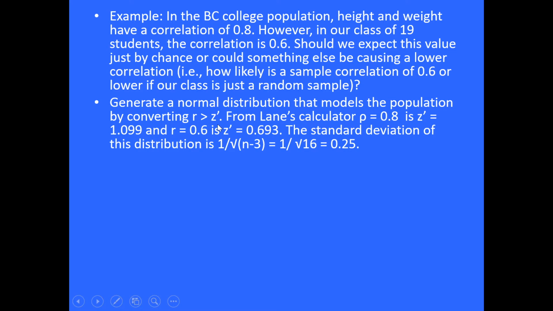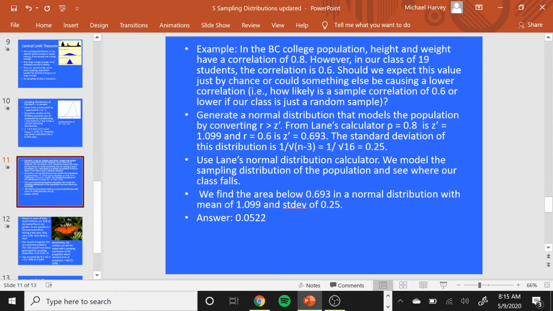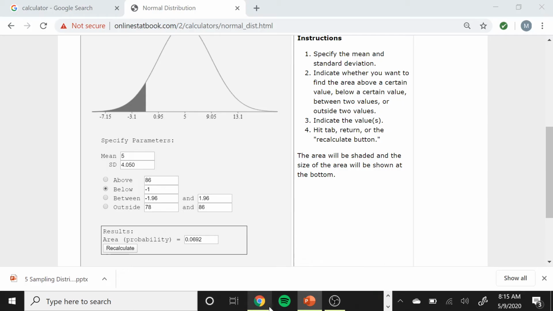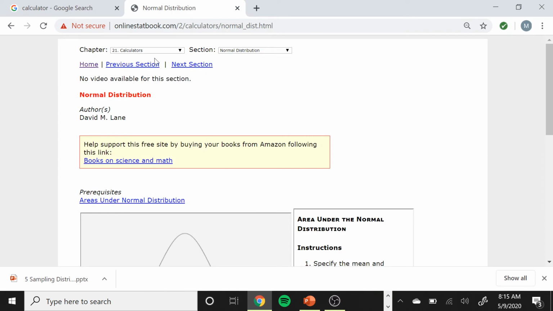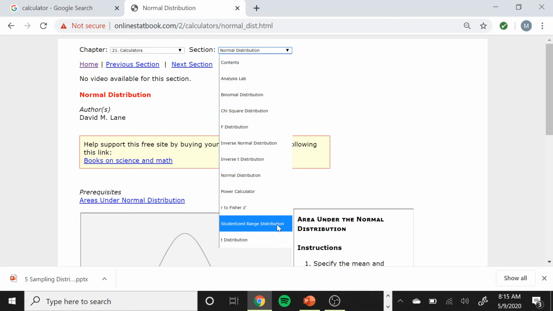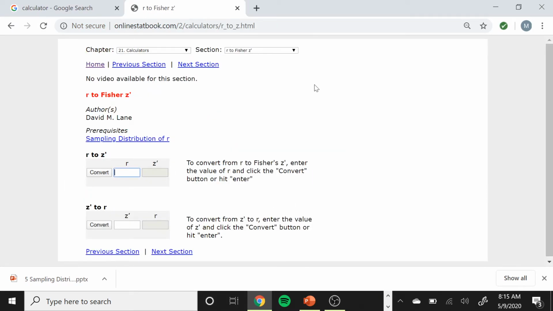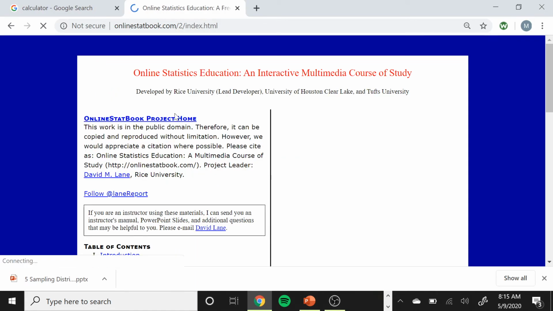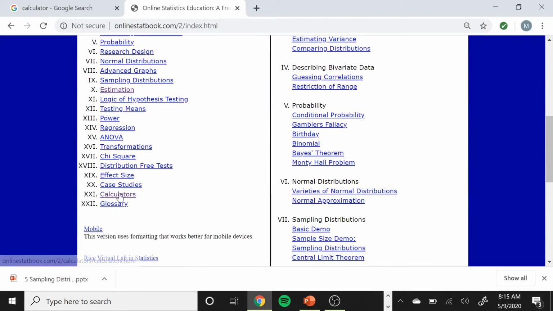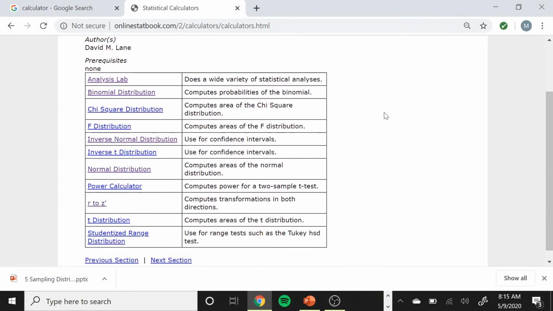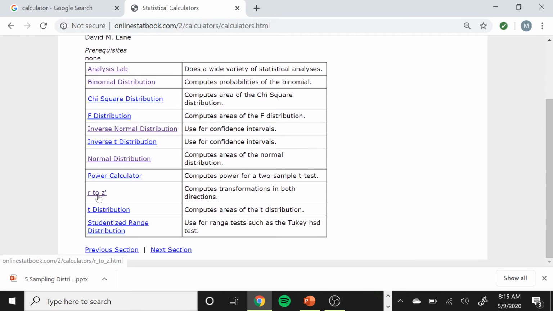Let me show you where that is. Here we have Lane's calculators. If you go down the list, there's this thing called r to Fisher's Z. Let me show it to you on the home page also. When you go to the calculators here, you see there's r to z.